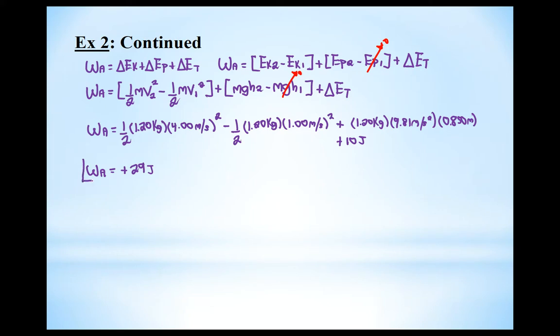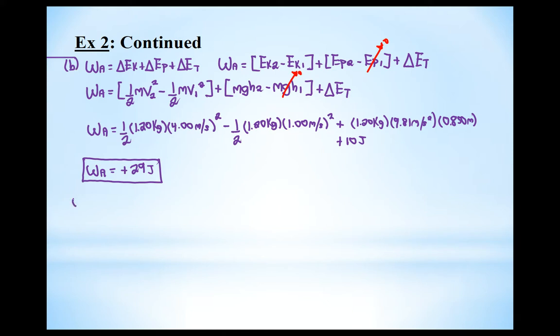That means even though you have friction stealing some mechanical energy away, I'm also exerting an applied force, which is putting mechanical energy in. So at the end of the day, I do positive work, which puts energy into the system. Okay, and this was part B.